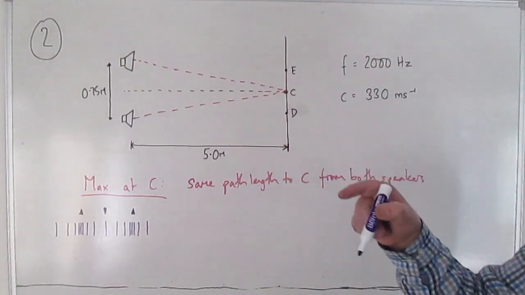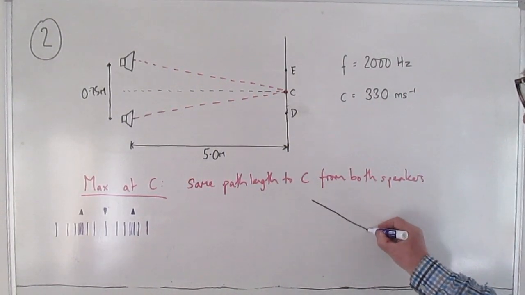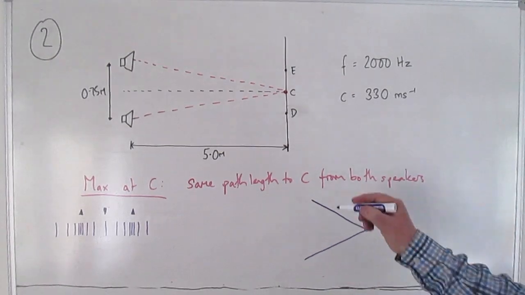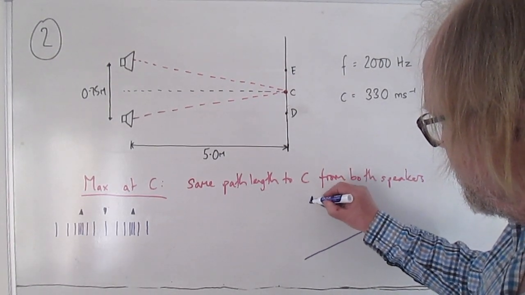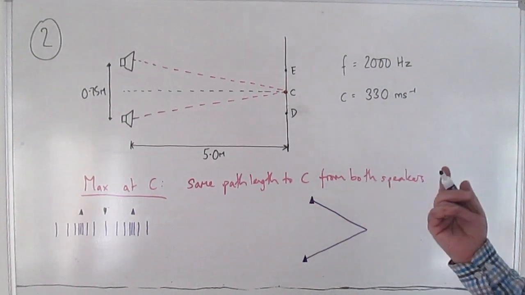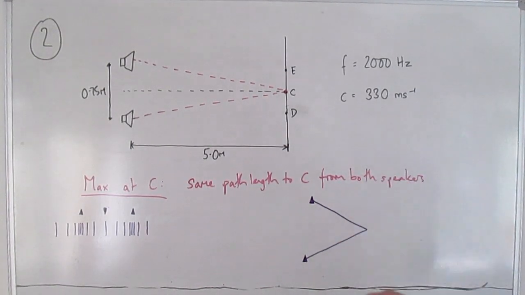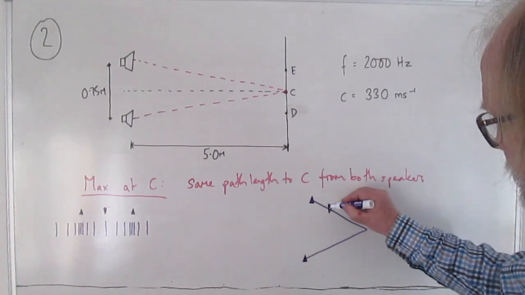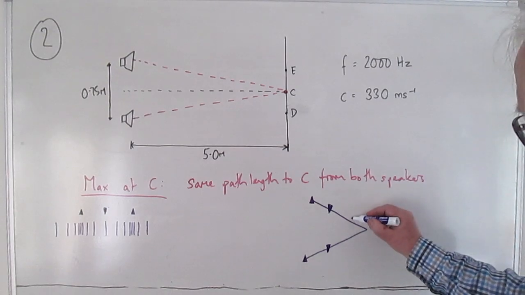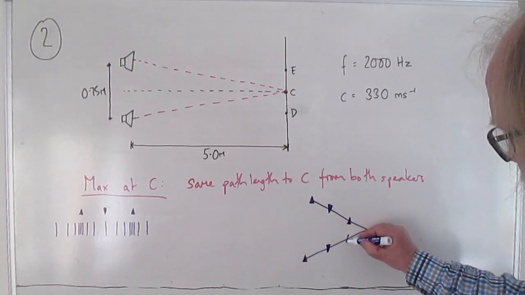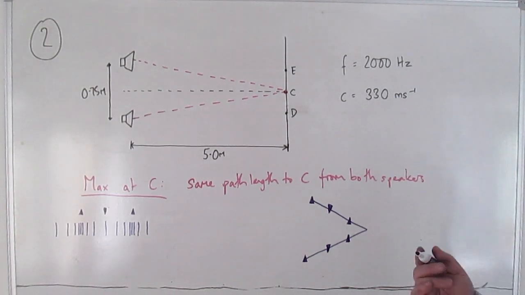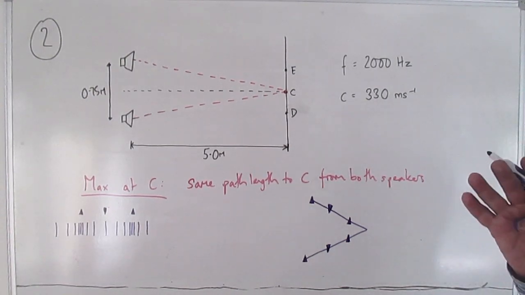Then we could say, if we think about what's happening from those two speakers, here's one path length and here's the other, then you can see that if they both start, for example, with a compression like that, then because the wavelength is the same for both, and because they're both in phase at the beginning, where this has a rarefaction, so too does this one, and when this one has a compression, so too does this one, and therefore wherever they are when they reach that point, they're in phase, and that means that you'll get superposition.